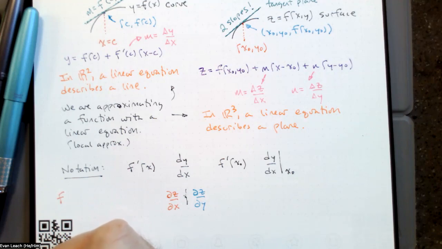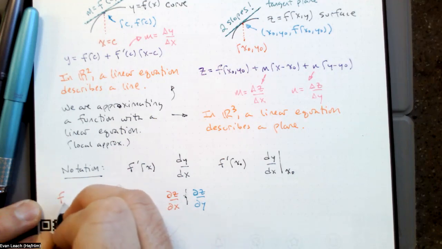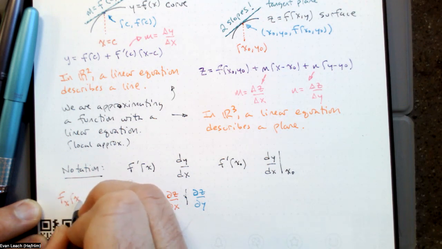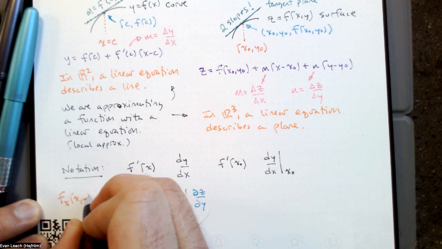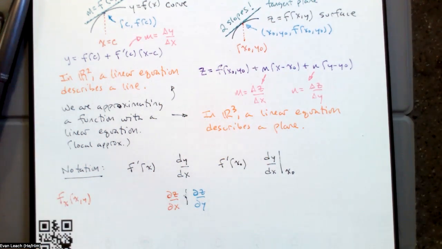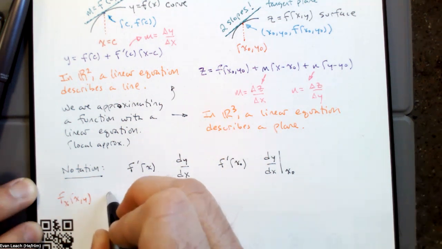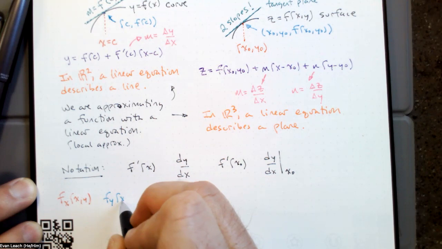So instead, we say we'll take the derivative of f with respect to x, and this will be a function of x and y. So we make a subscript of the variable with which we are taking the derivative, the one on the bottom. So the partial of f with respect to y is fy at xy.